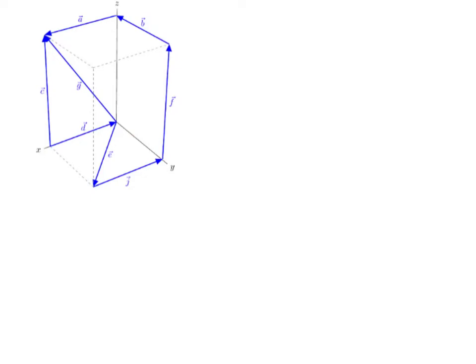What I'm going to do is exploit something called the Parallelogram Law. If I have a vector u here and a vector v here, then I draw the vector parallel to v with the same magnitude as v, and the vector parallel to u with the same magnitude as u.